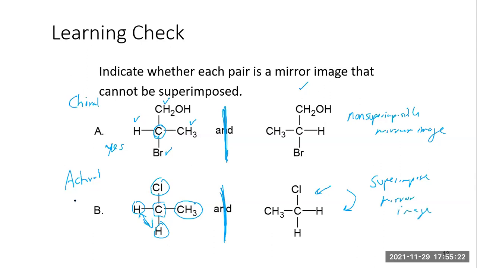So in terms of the question, that would mean no on this guy. It does not contain a mirror image that cannot be superimposed. Any questions on that? So the easier way to answer that is to look for whether you have a chiral or an achiral compound. Any questions on that?